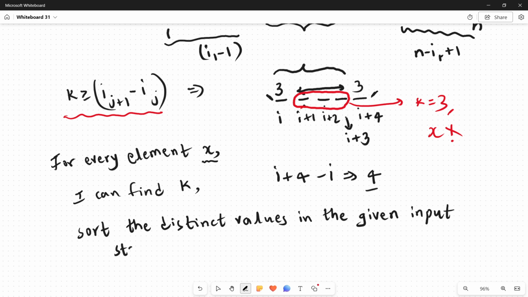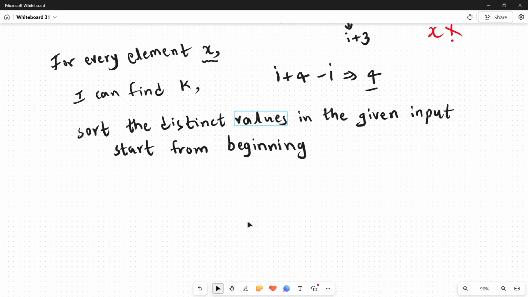Start from the beginning of those values, which means I will start with the smallest value possible for x, the smallest value in the array, and I will calculate k for that. When I calculate k, I can notice that my answer for k plus 1 is also x, and my answer for k plus 2 is also x.